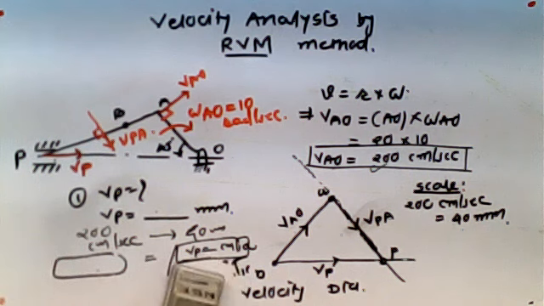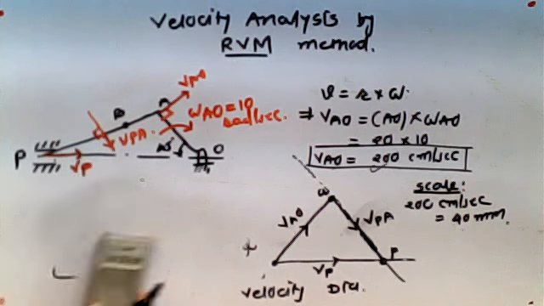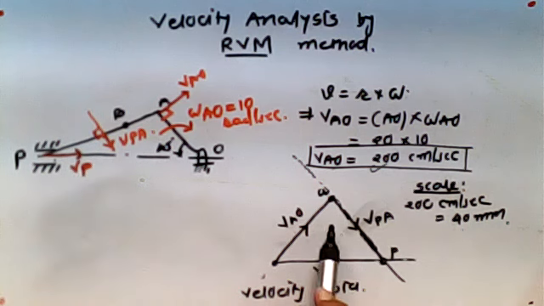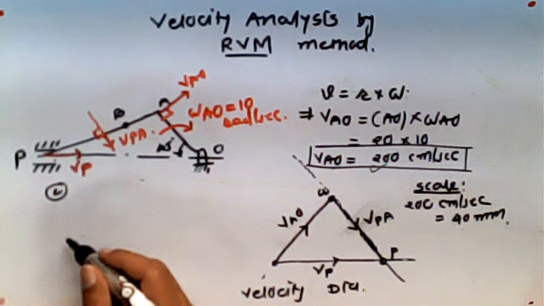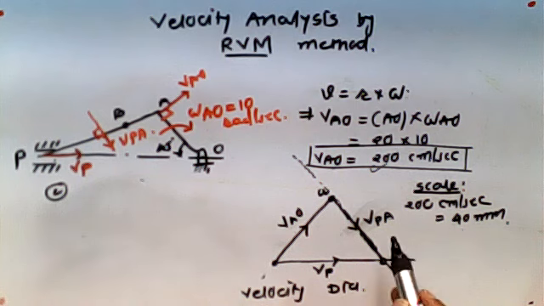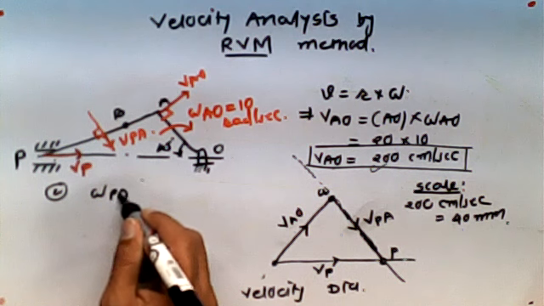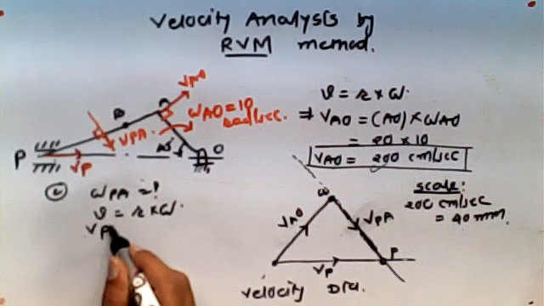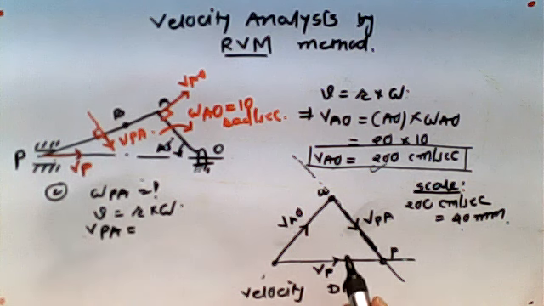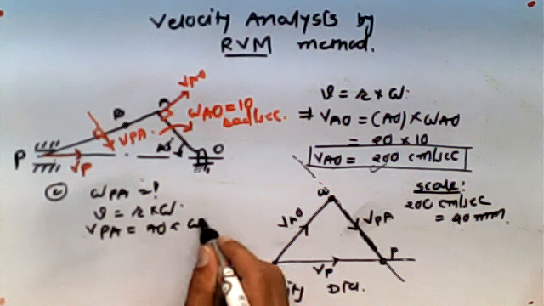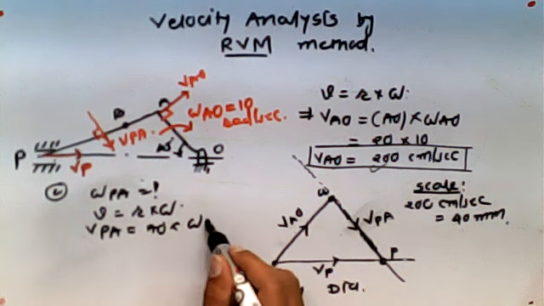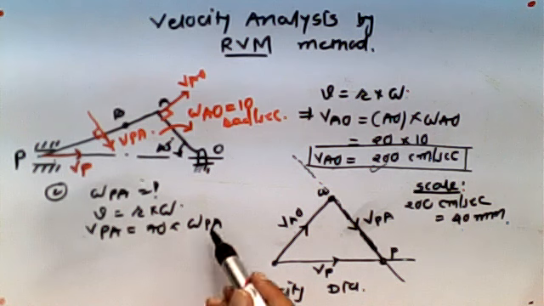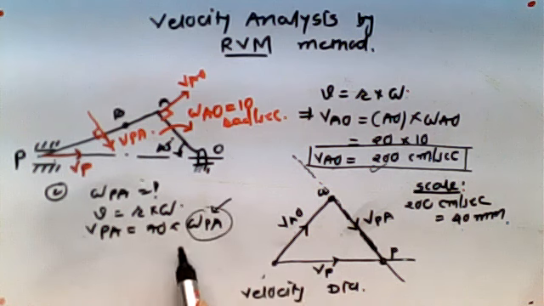Now, the next question is the angular velocity of link P with respect to A. You can determine it from the fundamental equation, velocity is r into omega. The link AP length is given, I think, let me see, it is 70 centimeter, I think. So 70 into omega, the angular velocity of P with respect to A. Now this is the unknown; we need to determine this.